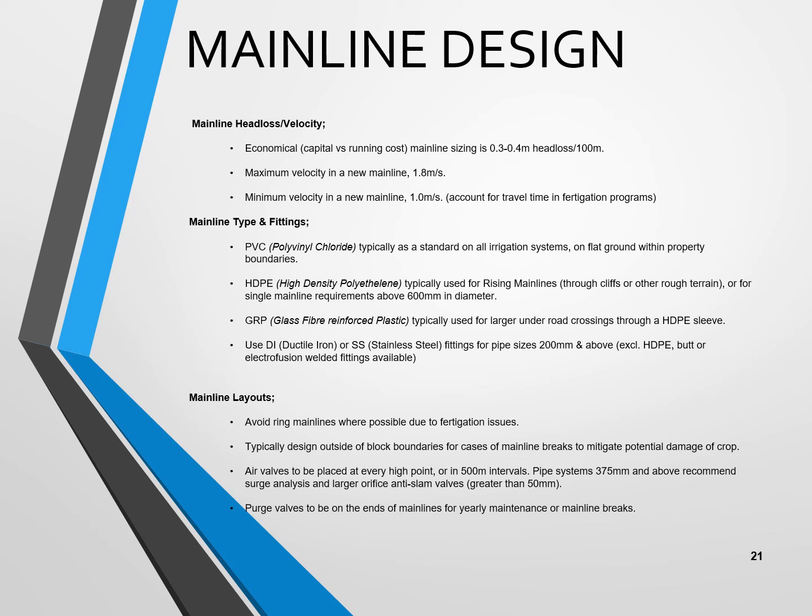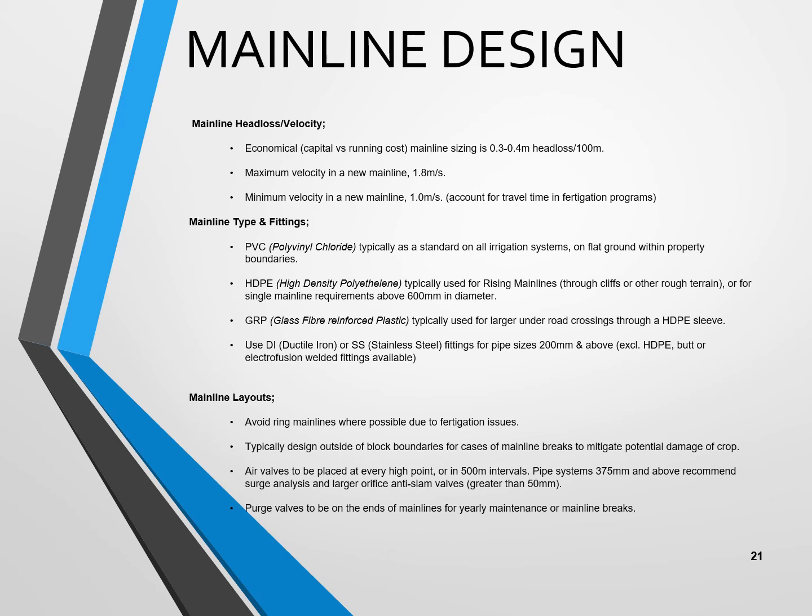A maximum velocity in a new mainline system of 1.8 meters a second. A minimum velocity in a new mainline system, 1 meter a second. This is to account for the travel time in fertigation programs, so they are not too long.